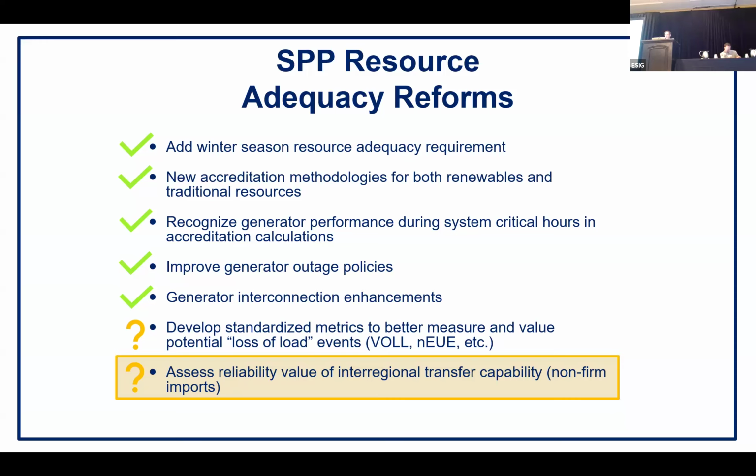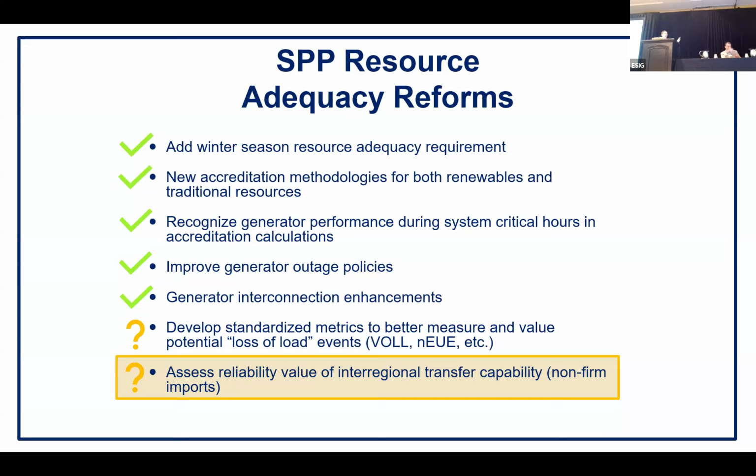A couple things we're still working on. You can see there standardized metrics to better value and measure loss of load events. We use EUE now to inform how we view LOLE results, particularly when we're looking at where the risk hours should fall in the summer and the winter, in developing which one of those PRMs we select.